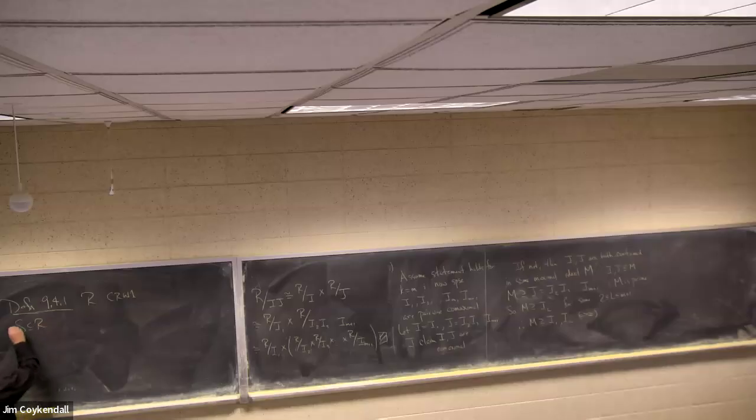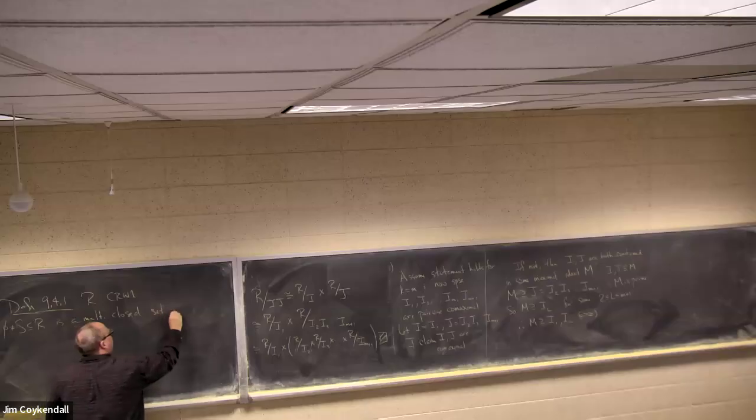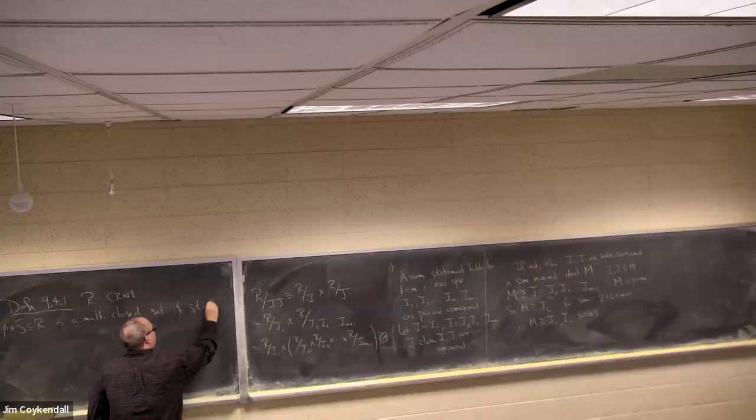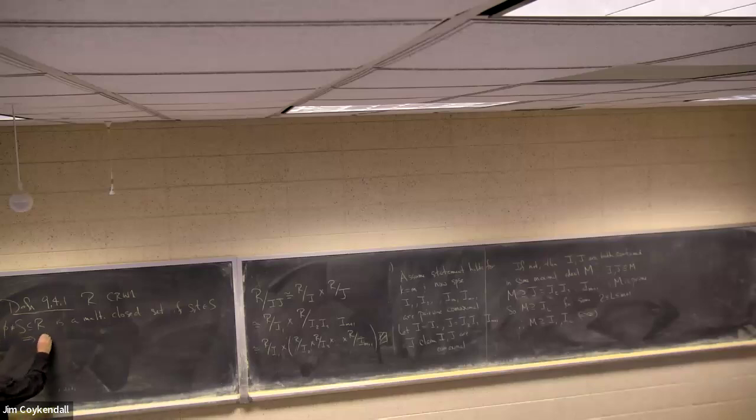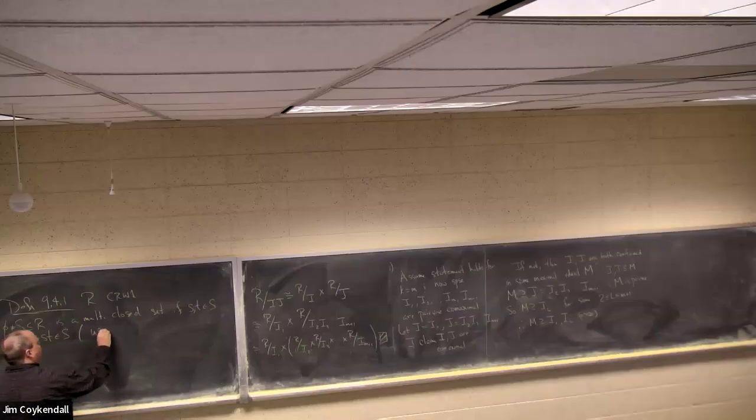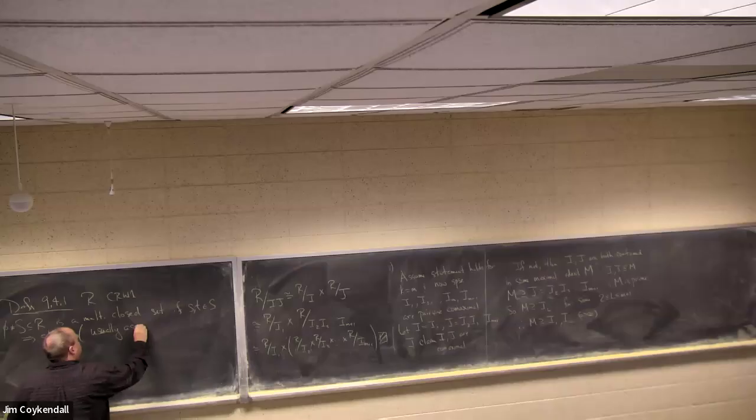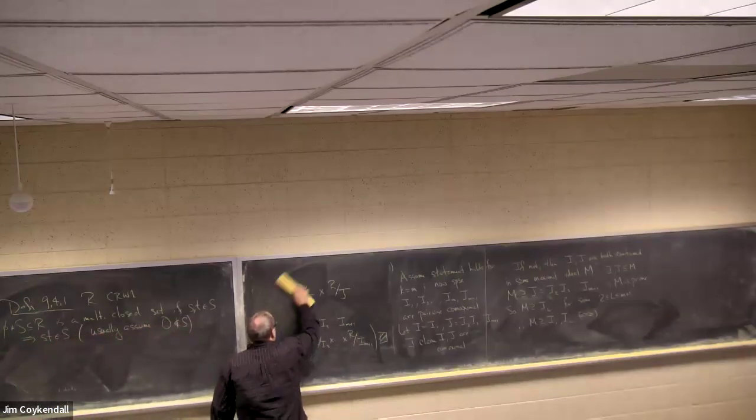A subset S of R, which I'll assume is not empty, is a multiplicatively closed set if s, t in S implies st in S. So I think this is reflective of what you would think it is. It's just multiplicatively closed. Give me two elements in the set and their product is in the set. And we would usually assume by default that 0 is not in S, and we'll see why.